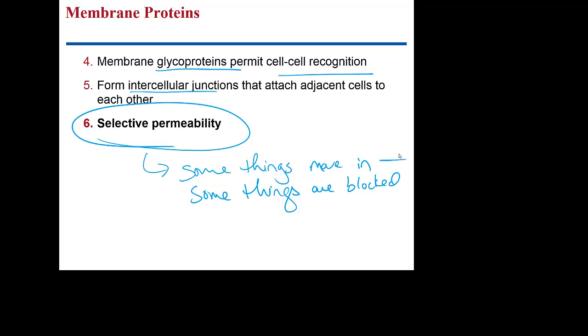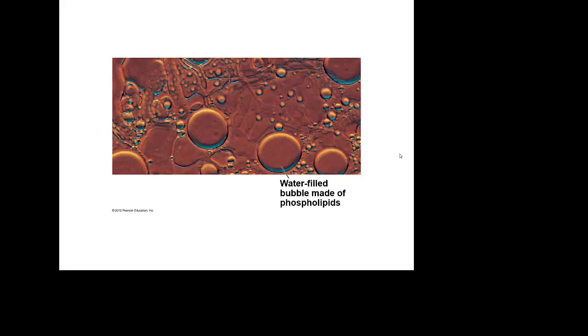difference is. This little bubble that I'm showing you here is actually water on the inside and phospholipids on the outside. So if you put a whole bunch of phospholipids into a beaker of water, it will automatically make these kinds of things. Why? The fatty acid tails are trying to hide from the water. They're hydrophobic, right?